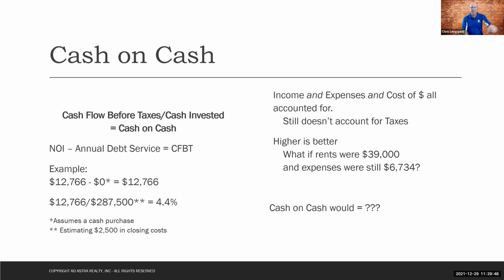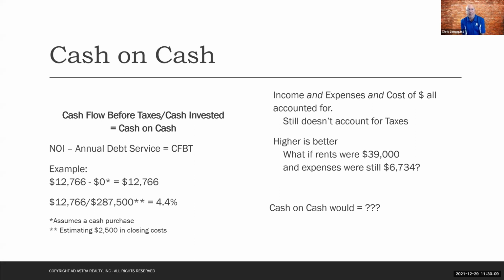So there's a $100,000 house. I want to pay $100,000. I don't want any mortgages on it. So what we do is we take our net operating income, our NOI, remember what that was, minus our debt service, which if they're paying cash is zero. And then we end up with our cash flow before taxes, which is 12,766.